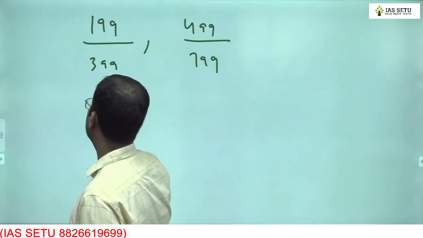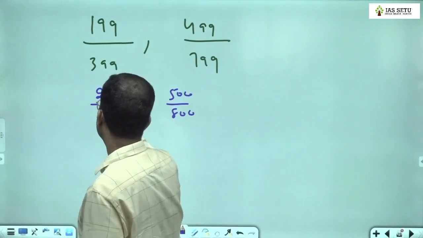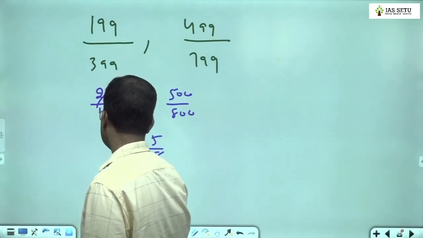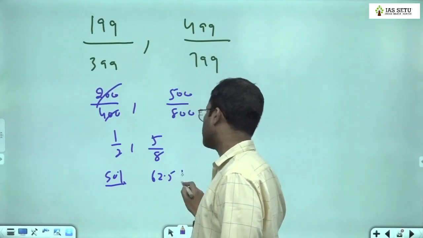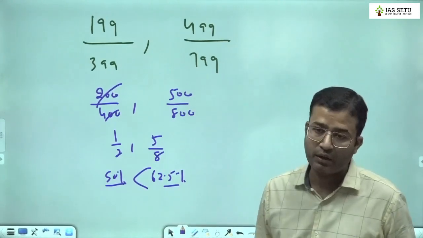This is 200 divided by 400. This is 500 divided by 800. This is 1 by 2. This is 5 by 8. You can convert in percentage, 50%. It is 62.5%. So it is large. Or you can convert in decimal.